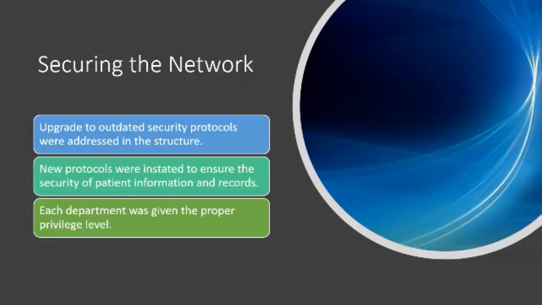How we secured the network is we upgraded the outdated protocols that were the structure. The new protocols made sure that everything was secure and that patient information and records could not be obtained or accessed without proper authorization and authority. Each department is given their own assigned ones.